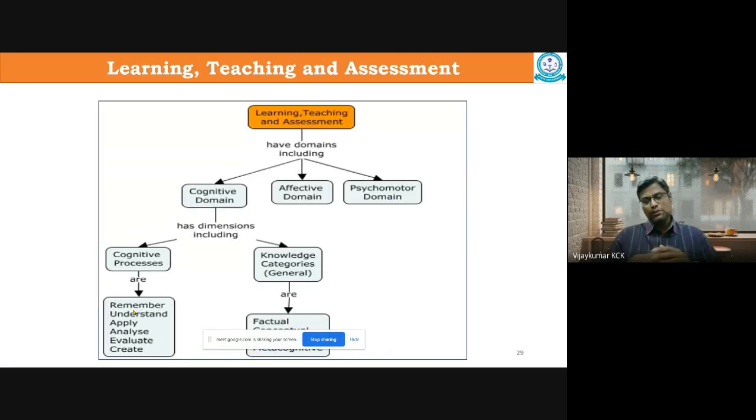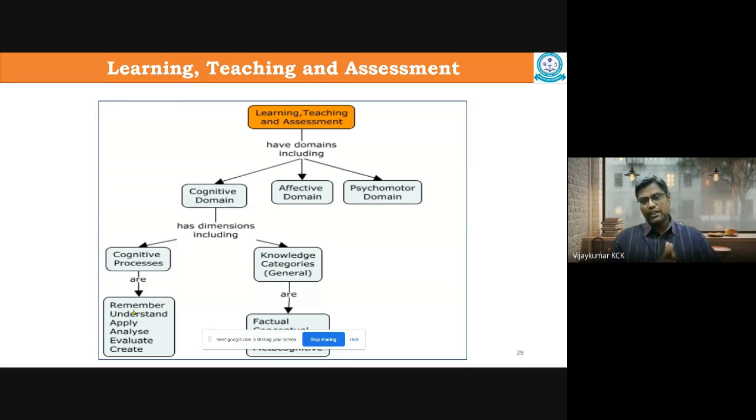This is another picture I got from another source. Learning assessment can be described in three domains: cognitive domain, affective domain, and psychomotor. The cognitive domain is further classified into cognitive processes and knowledge categories.